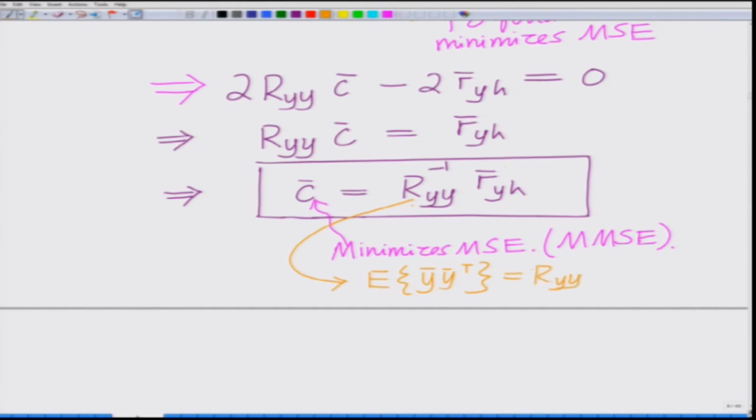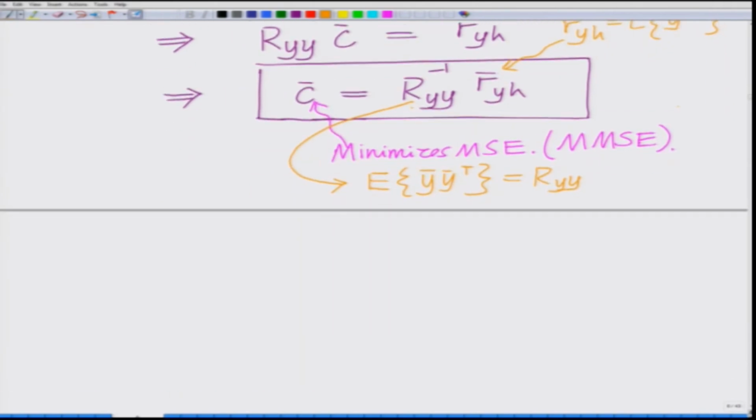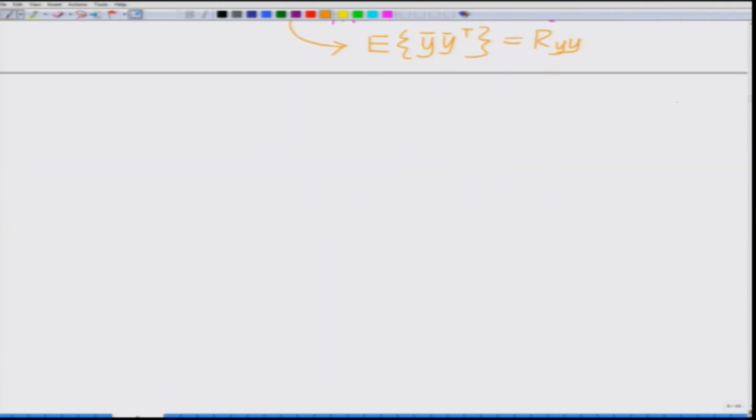R_YY equals expected Y bar Y bar transpose, and this R bar YH is the cross covariance, that is expected Y bar into H, the cross covariance between the observation vector Y bar and the parameter H, correct.